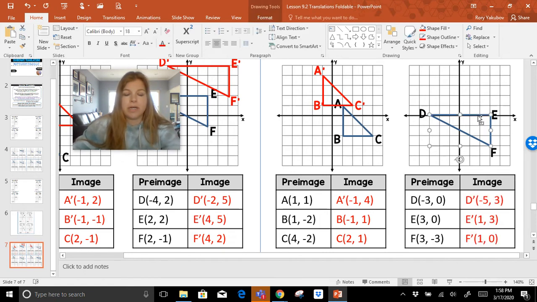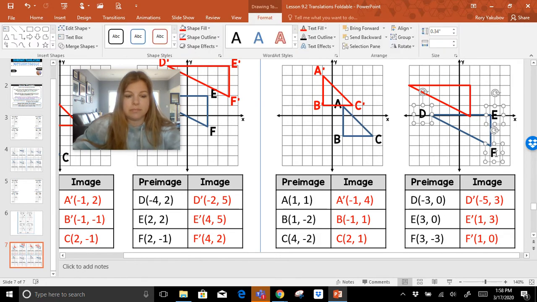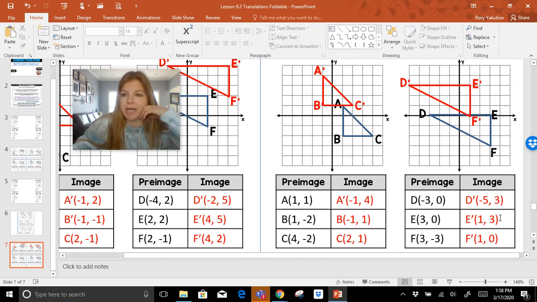So if this triangle here underwent a translation of -2, so 2 to the left, and then up 3, these would be my new coordinate points. Okay, and my points completely check out with me following the mathematical routine.